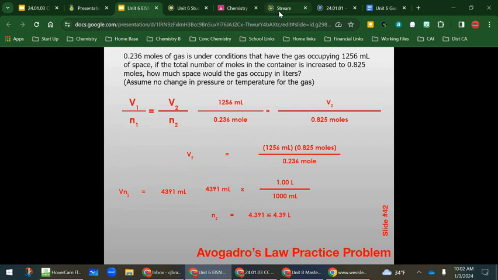That is 0.6, but how many times larger is that? About 4 times. So I'm expecting a volume that is about 4 times larger. So 4 times 1,000 is what? What do you know? We got an answer that's right here.